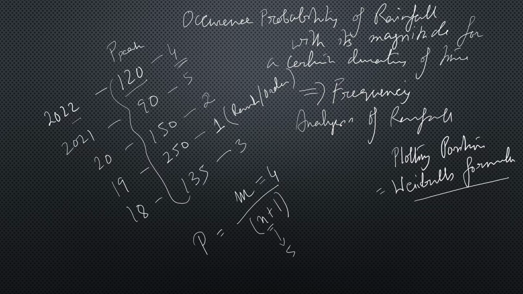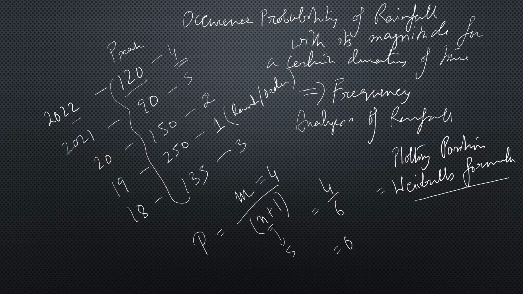So this term will come as 4 by 6. That means it is coming to 0.667. Correct?